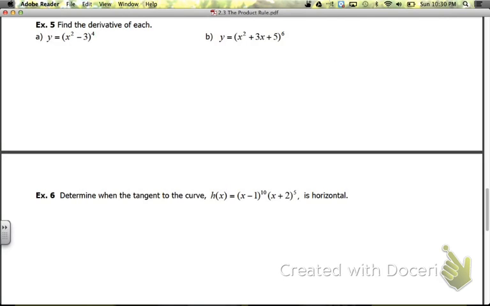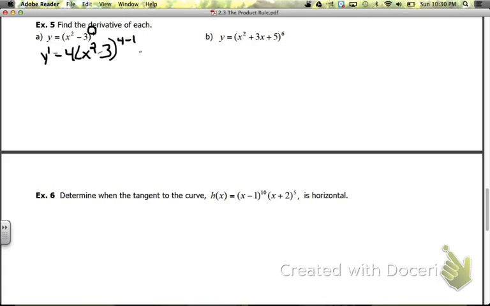So using our new rule, the power of a function rule, in example 5 we want to find the derivative of each. So let's go ahead. Our y prime is going to be equal to, bring that exponent of 4 down in front, so 4 times (x squared minus 3) all to the power of 4 minus 1.